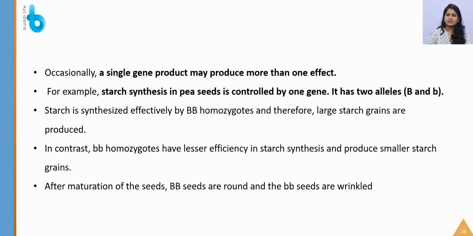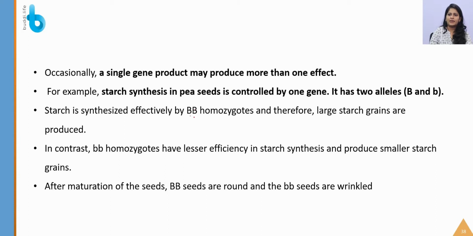If more than 2 alleles govern the same character, it is called multiple allelism. Occasionally a single gene product may have more than one effect. Here one more example is given, that is starch synthesis in pea seed, which is controlled by a gene. This is an example of a single gene product having more than one effect. There are 2 alleles here, capital B and small b.